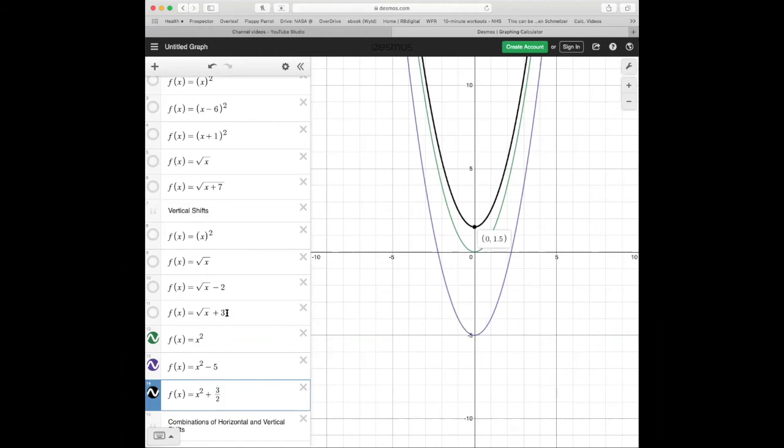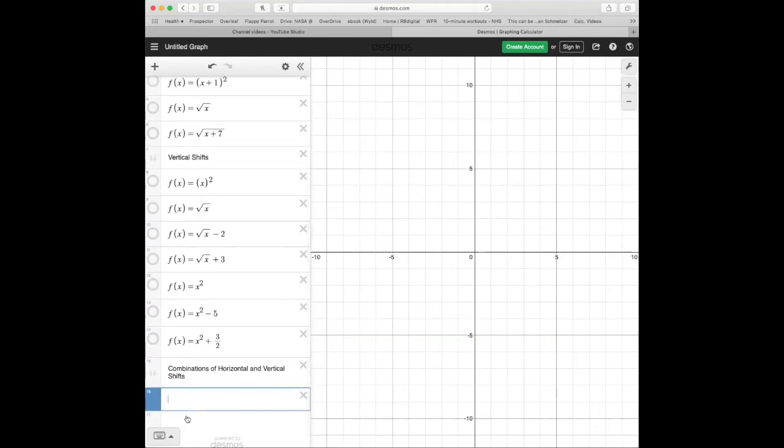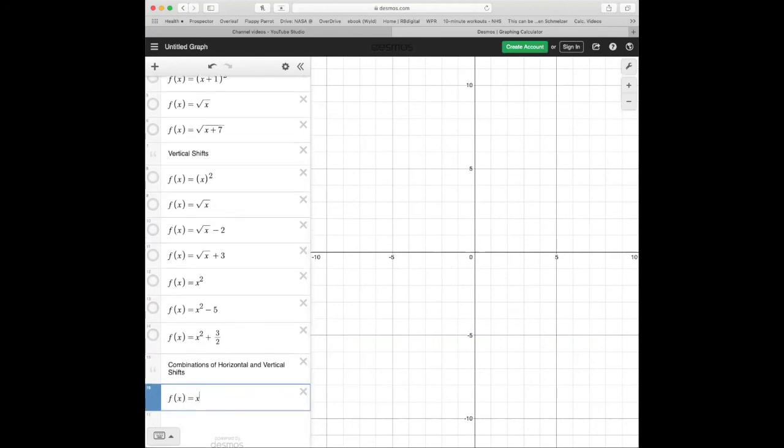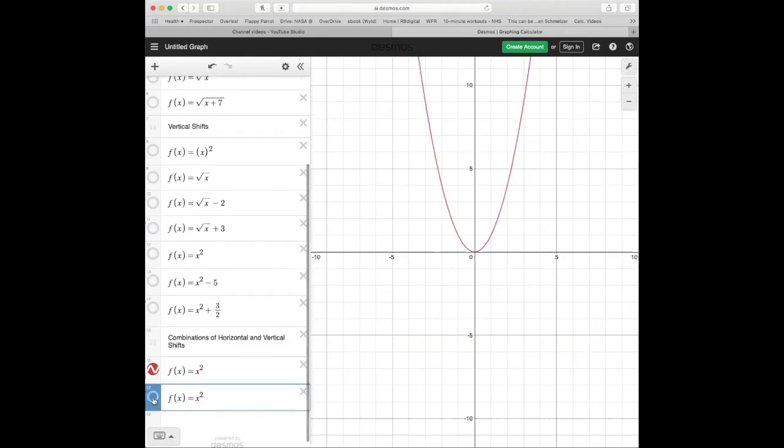Okay. Feel pretty good about those horizontal and vertical shifts? Now we're going to start combining those together. So let's start with our x squared graph. There's our basic x squared graph. And I want us to think about what would happen if I changed it like so. Okay, so what do these things do?